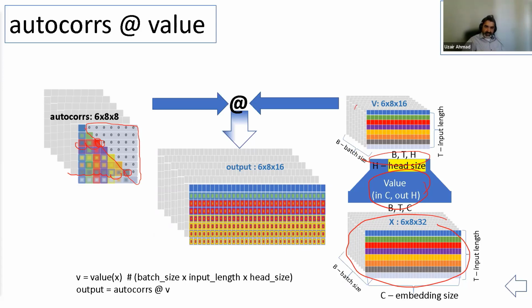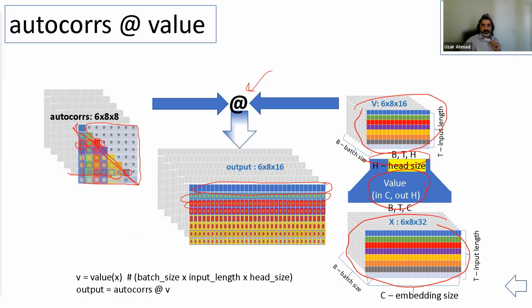So we take this matrix, which is the output of the value network, and do matrix multiplication with the future-masked autocorrelations, which is the outcome of the multiplication of key and query outputs. Here you can see, I tried to make it visually a bit intuitive. The first word depends on itself. The second word depends on itself and the previous word.